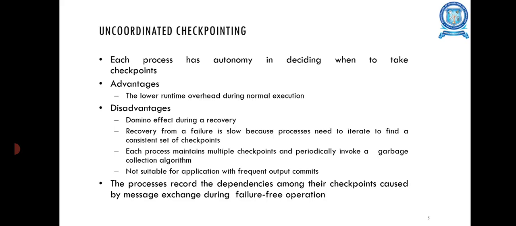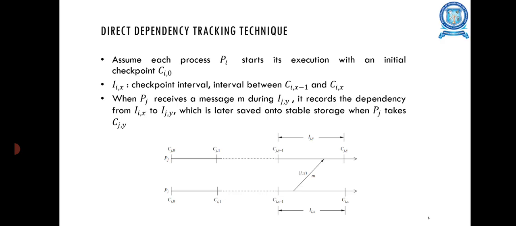The processes record the dependencies among their checkpoints caused by message exchange during failure free operation. Then the direct dependency tracking technique. Assume each process PI starts its execution with an initial checkpoint CI,0. I,X is a checkpoint interval between CI,X-1 and CI,X.